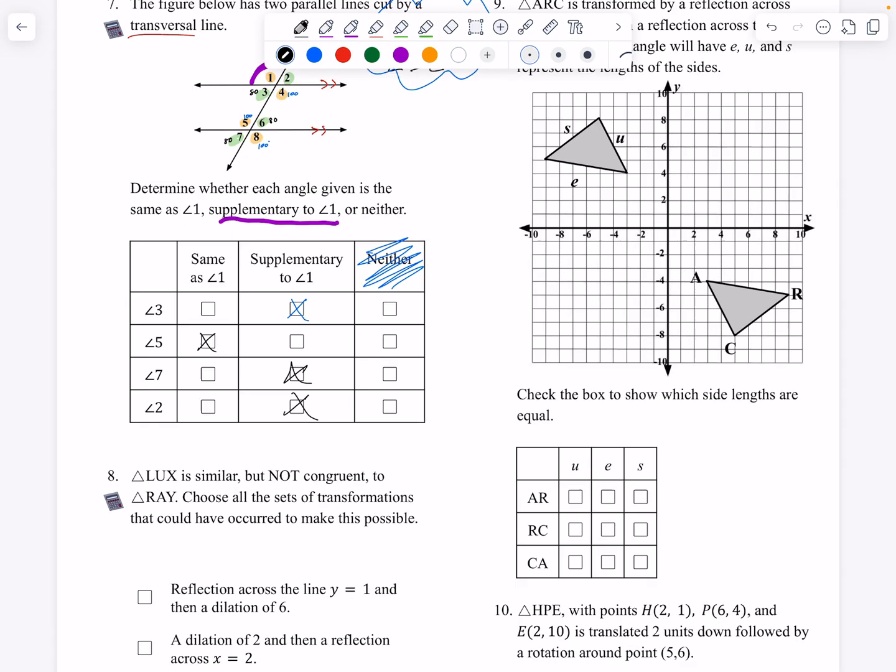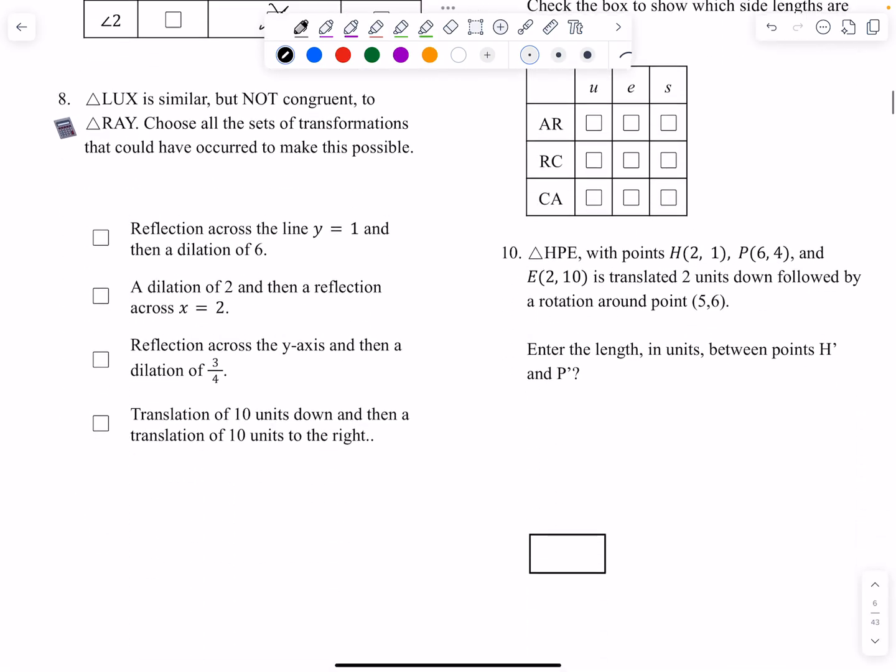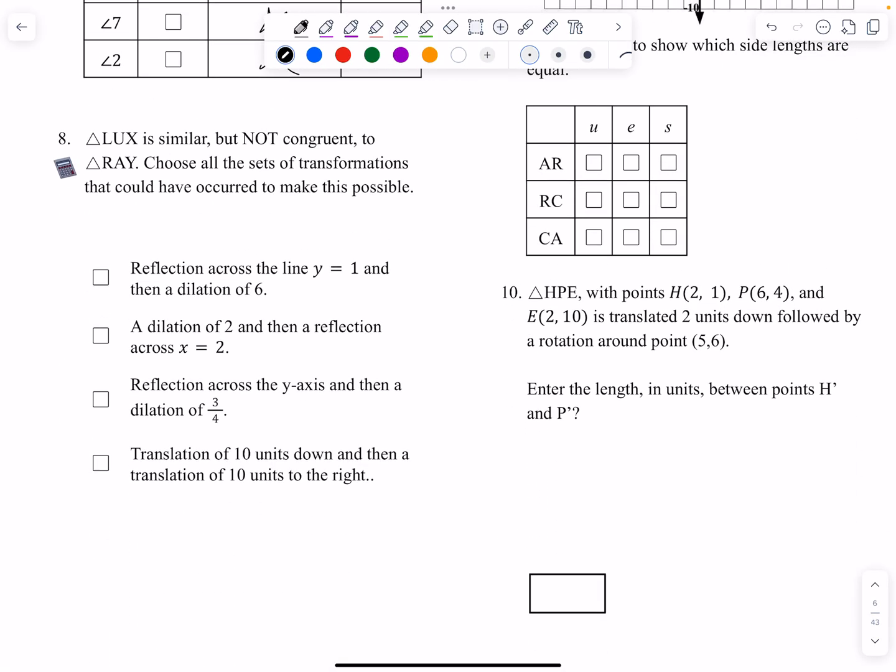Okay. Number 8, triangle Lux is similar but not congruent to triangle Ray. Choose all sets of transformations that could have occurred to make this possible. So again, similar, that means it dilates. Okay, it got bigger or smaller.